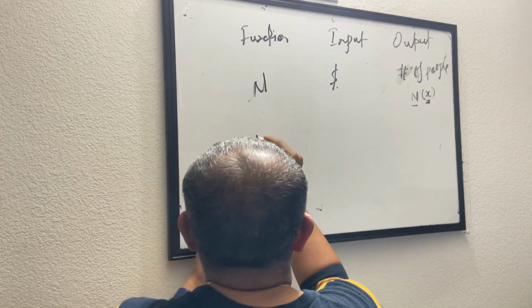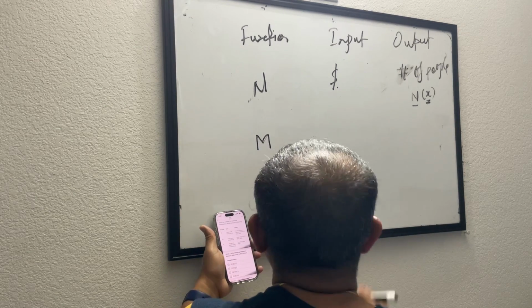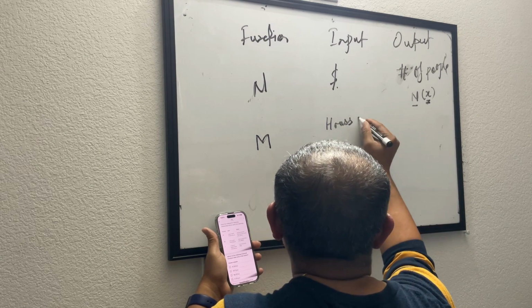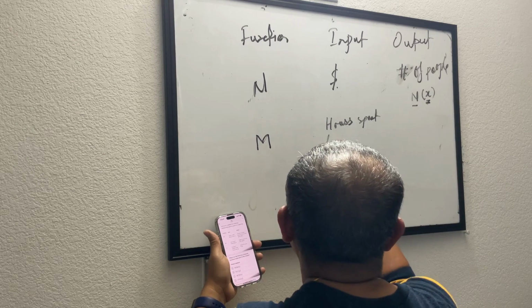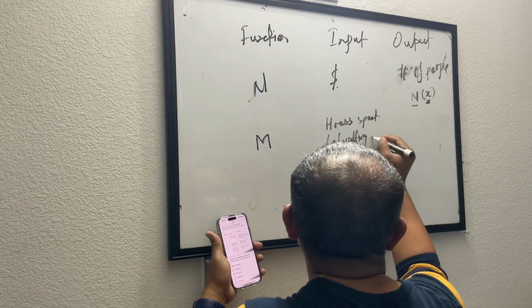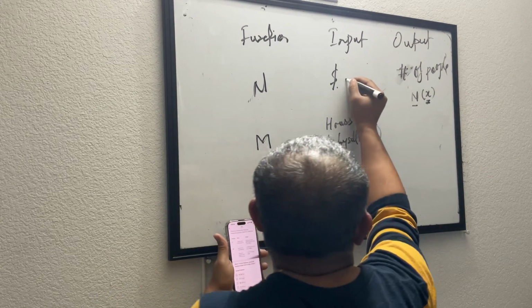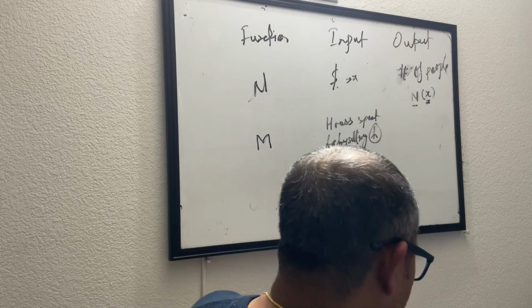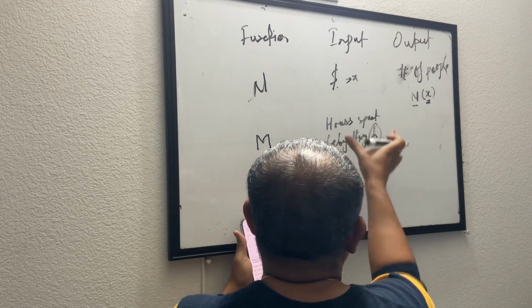Next function is m, which takes hours spent babysitting. Here this function m takes hours as input, the hours spent babysitting.